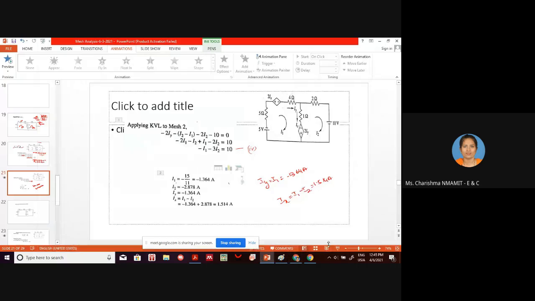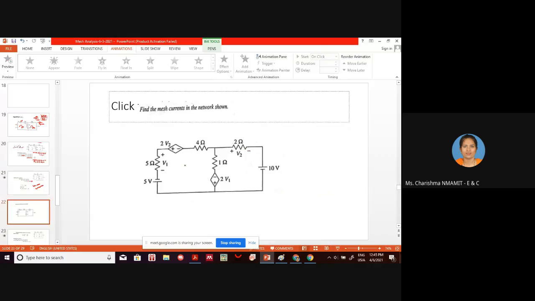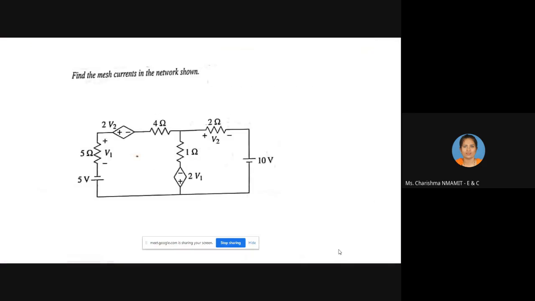Okay. Let us consider the next problem. Take down the next problem and try to solve it. Find the mesh currents in the network shown.